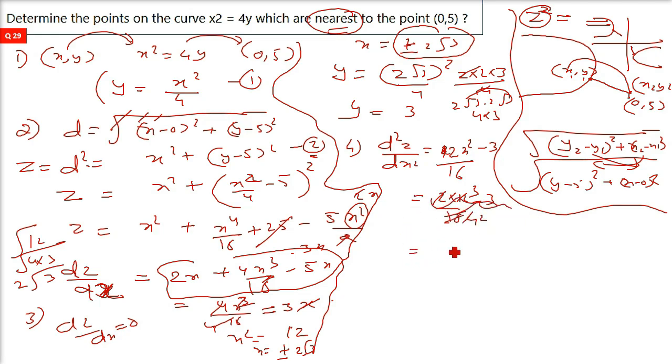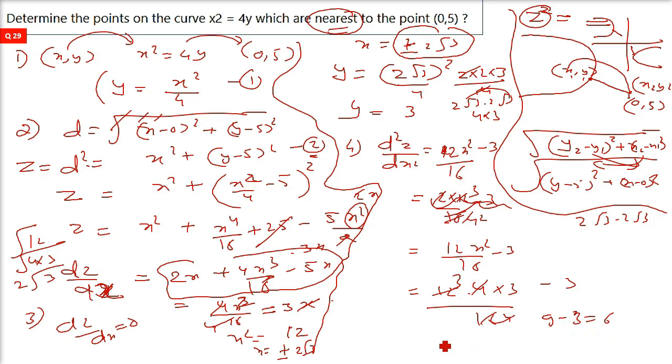These are simple calculations, and I hope that you are quite well versed and known to all this. So I'm just trying to tell you that this is definitely going to be the lowest. For that you need a positive. So you get a value 6, which indicates that d2z by dx2 is indeed giving you a positive value, showing that you're talking about the minimum or the nearest. So positive is minimum, positive is nearest.